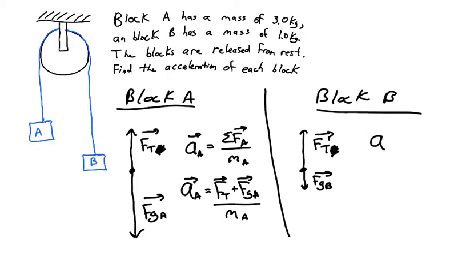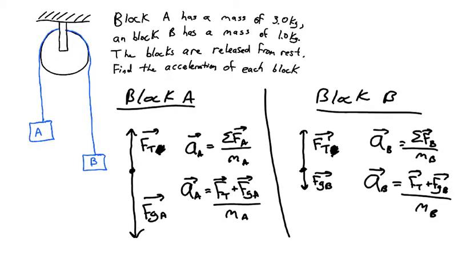And over for block B, acceleration for B equals the net force on B divided by the mass of B. And so acceleration for B here will be equal to our tension force again, plus the gravitational force on B, divided by the mass of B. Now when we think through the possibility of putting in numbers here, masses are given to us in the problem, so 3 kilograms for A, 1 kilogram for B, so we're good there.